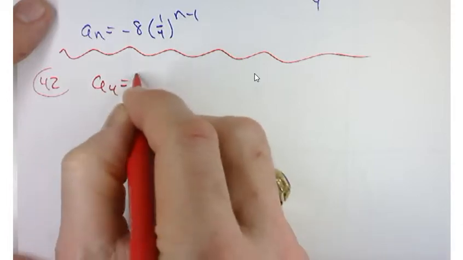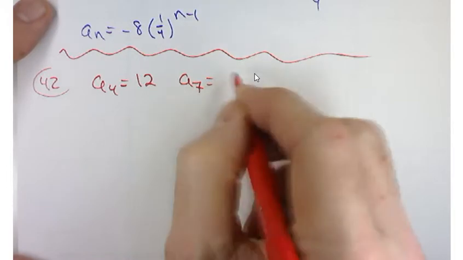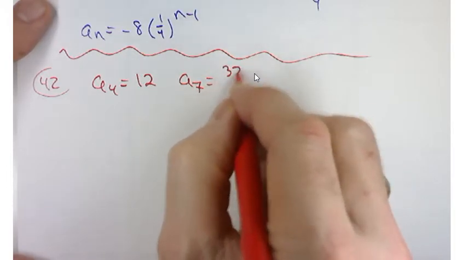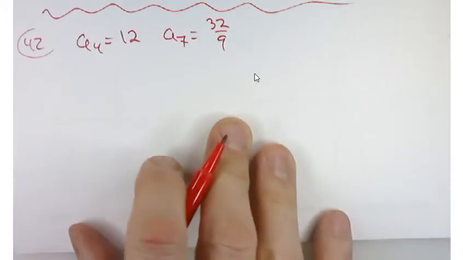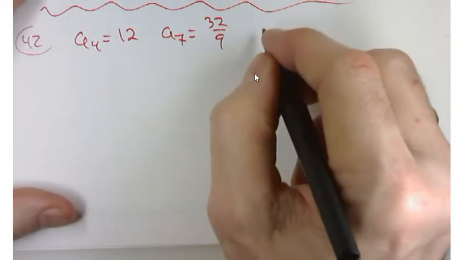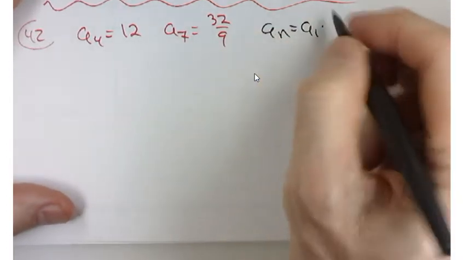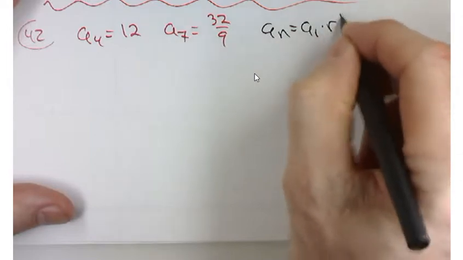They tell us that a sub 4 is 12, and a sub 7 is 32/9. Wow. Looking kind of ugly there. And somehow from this, we're supposed to deduce the general term. A sub n equals a sub 1 times r to the n minus 1 power.